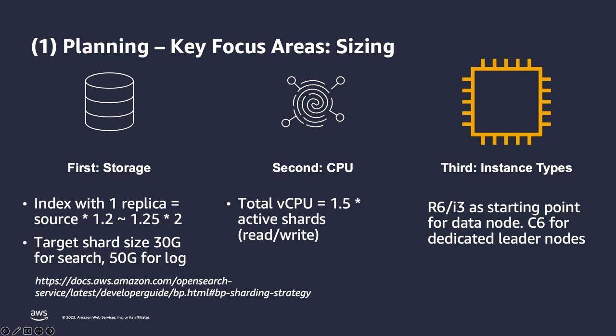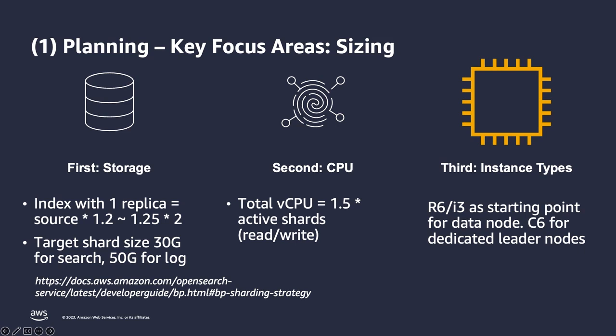So when we size the cluster, we typically use a 1.2 up to 1.25 multiplier against the source data. And the source data can be something in your relational database or something in your log files.